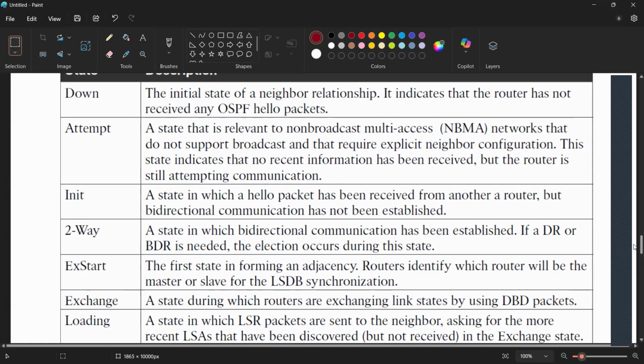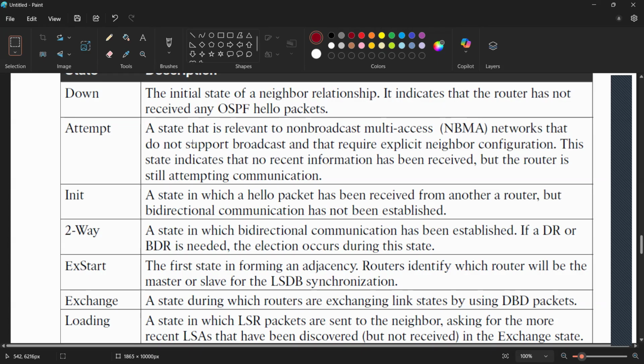Multicast is used. Even non-broadcast multi-access devices don't have multicast. Non-broadcast means they do not support broadcast. These equal that network type, so this will be a link type.